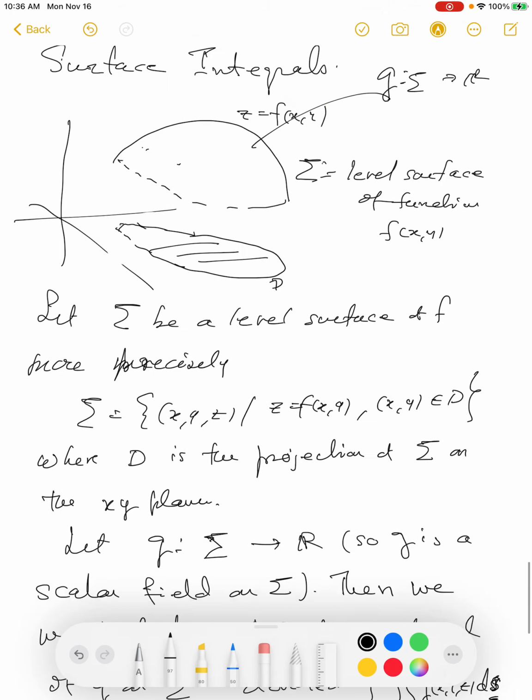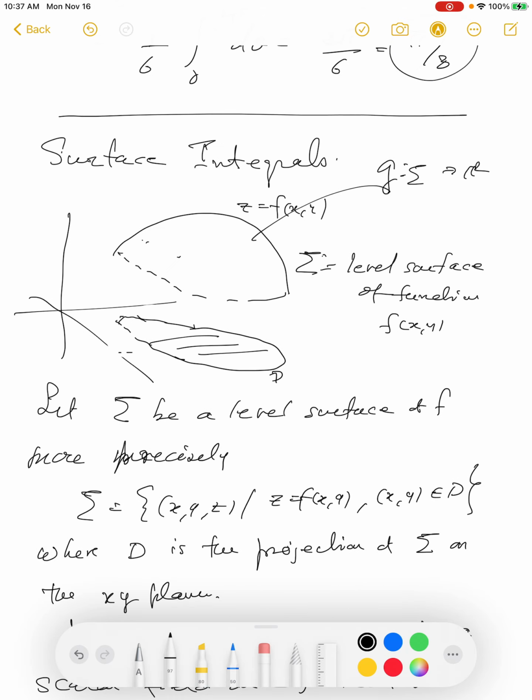So how does this go? The idea is simple. Let me draw again the picture. I'm going to partition, and when I take a partition of my D, it induces a partition of the surface. This we have seen when we found the formula for surface area.